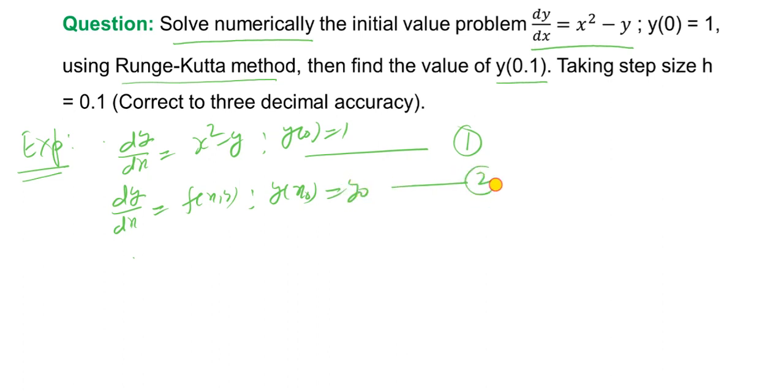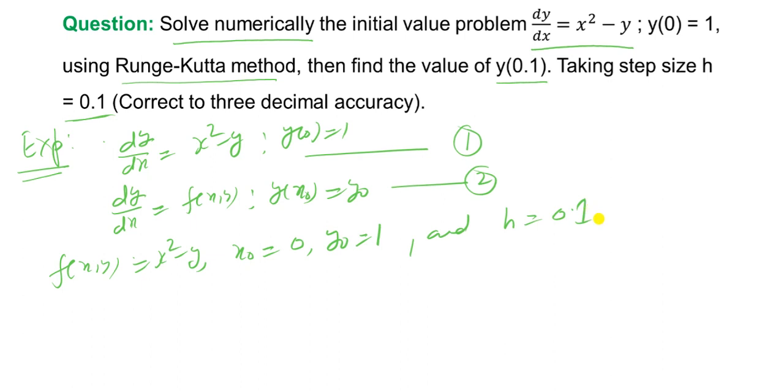Say this is equation 2. Then here f of x, y is equal to x square minus y, x0 is equal to 0, y0 is equal to 1, and given step size h is equal to 0.1. So in that case, generate a tabular data.